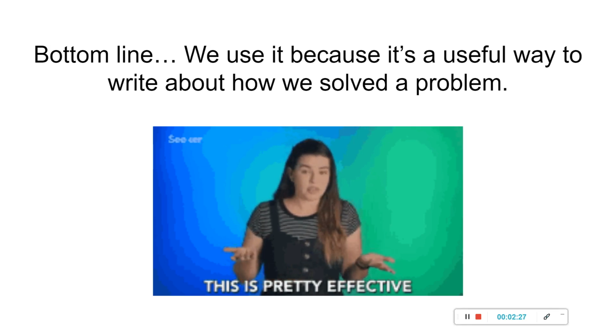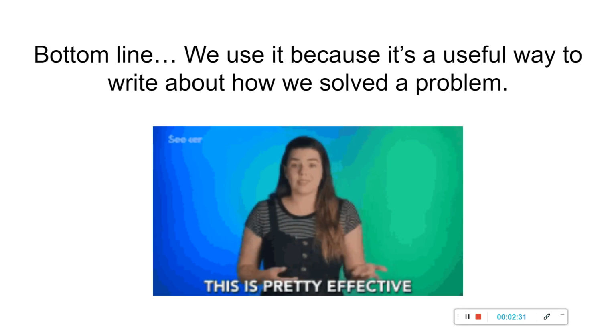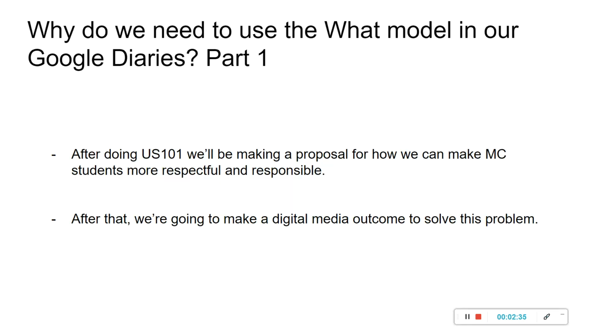And you're gonna need that in the standard we're gonna do after US 101. After US 101, we're gonna be making a proposal about how we're gonna make MC students more respectful and responsible. And then after that, you're going to make a digital media outcome to solve this problem. So it could be a poster to talk about how you can be respectful and responsible.